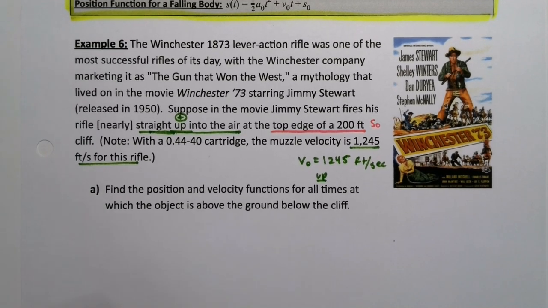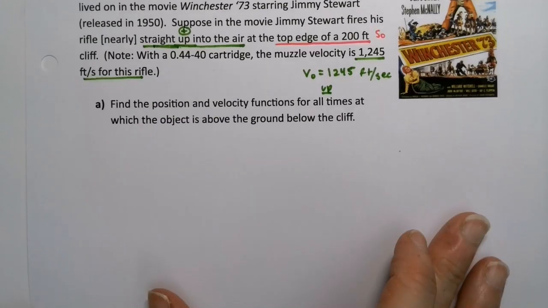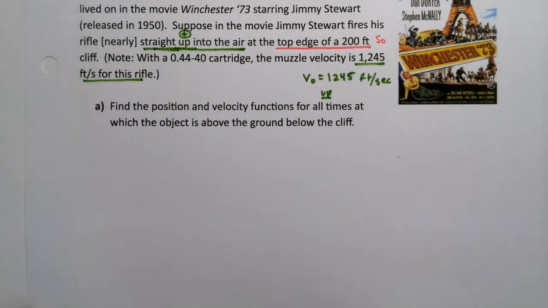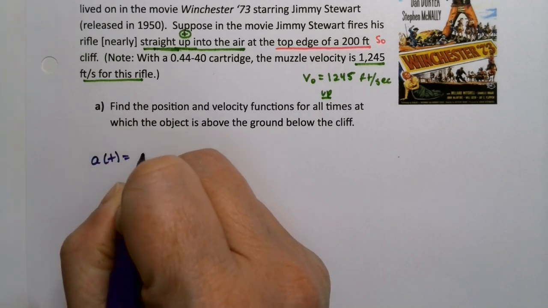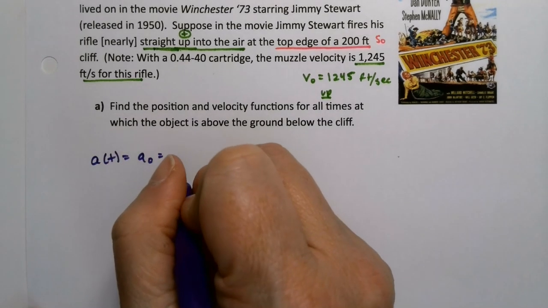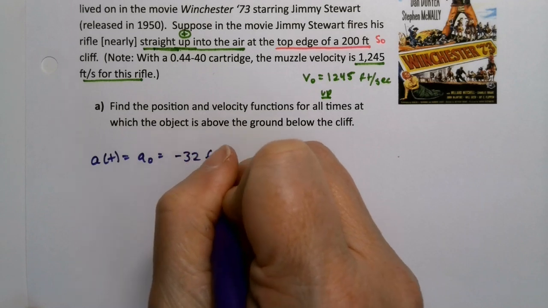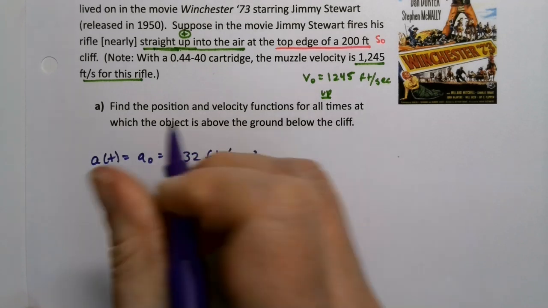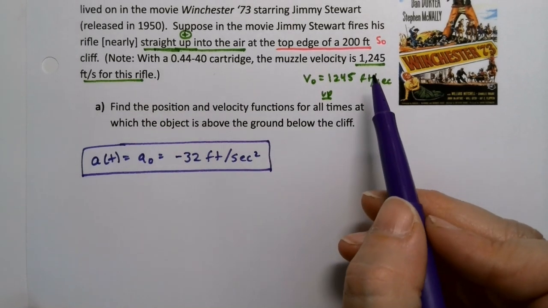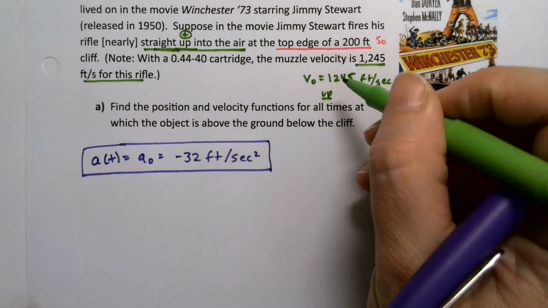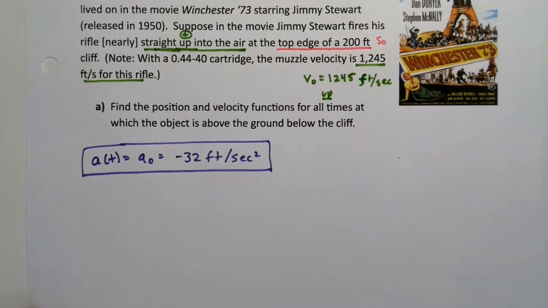All right, so let's find the position and velocity functions for all times at which the object is above the ground below the cliff. So a of t, which is equal to a0, is a constant. It's equal to negative 32 feet per second squared, because they're obviously doing all of this in the imperial system, right? So it's got feet and seconds, not meters. No physicist would approve.